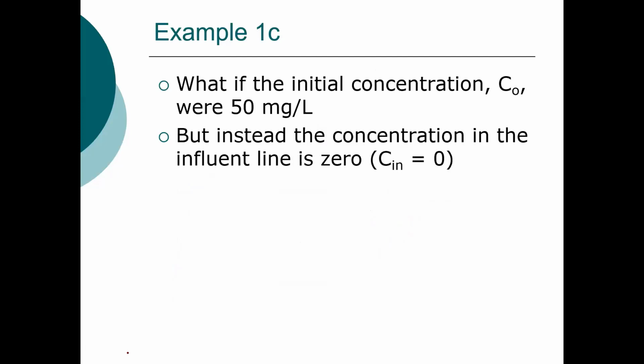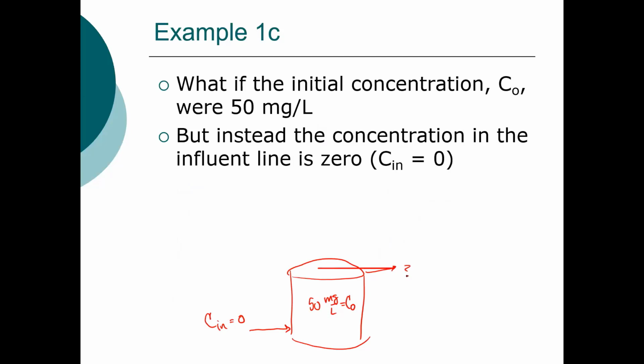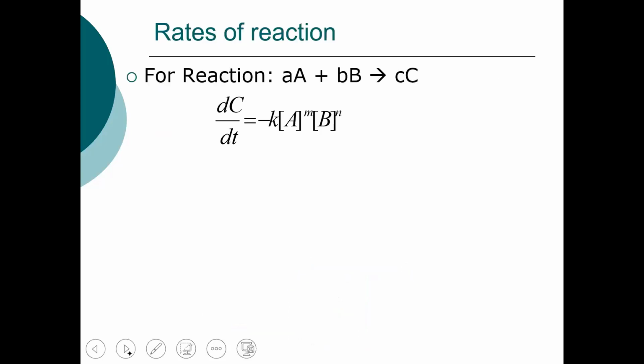Now, what if instead we have a situation where we start with 50 milligrams per liter as C0, but we're flushing the reactor with a pure water solution? What's the steady state concentration now? Same equation, and you're absolutely right.